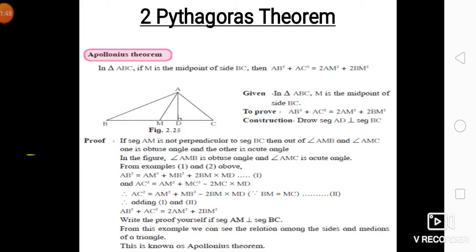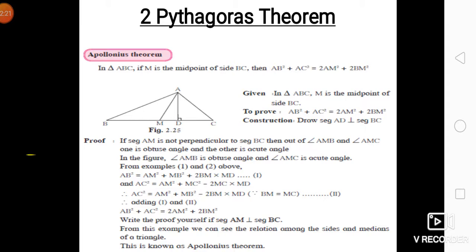Therefore, AC square is equal to AM square plus MB square minus 2BM into MD, since BM is equal to MC. That is equation number 2. Adding equations 1 and 2, AB square plus AC square is equal to 2AM square plus 2BM square, which we have shown.